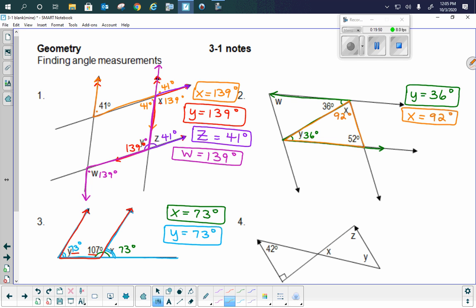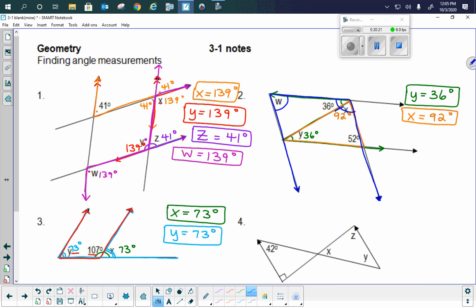Next, I need W because that's the last thing that's left. All right, well, I see that W is an angle inside of this upside down weird looking C with the appropriate parts having arrows, so parallel. And therefore, this angle and this angle that I'm marking differently are supposed to be supplementary.